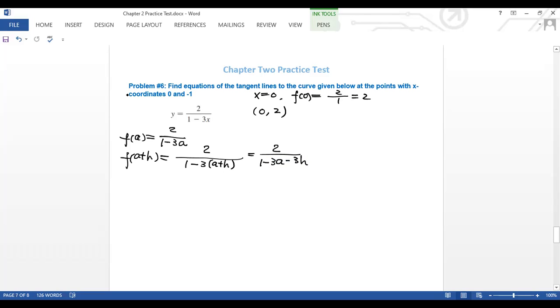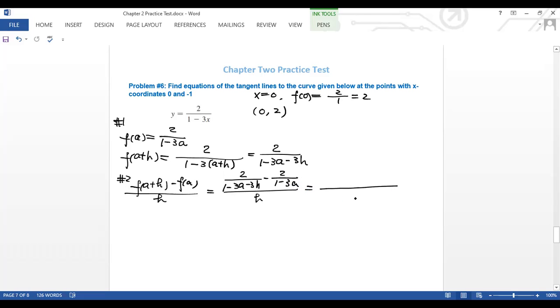Okay, so this is step number 1, right? Step number 2, we say is f of a plus h minus f of a, over h here. So this is testing your algebra. So this is 2 over 1 minus 3a minus 3h, minus 2 over 1 minus 3a. What do we need to do? Common denominators, right?